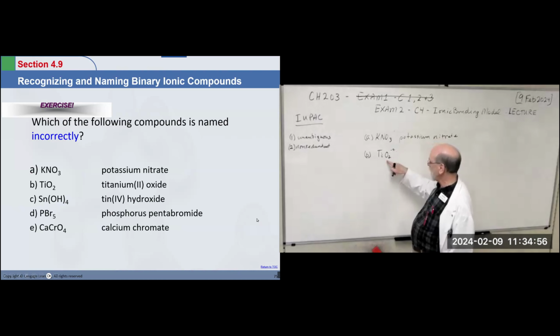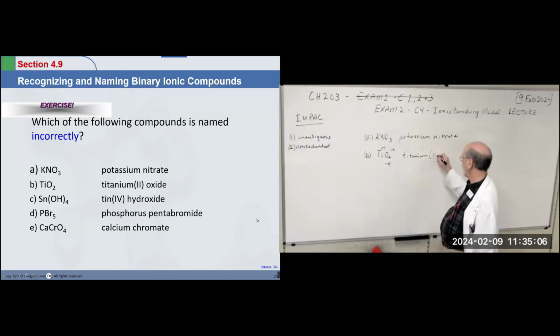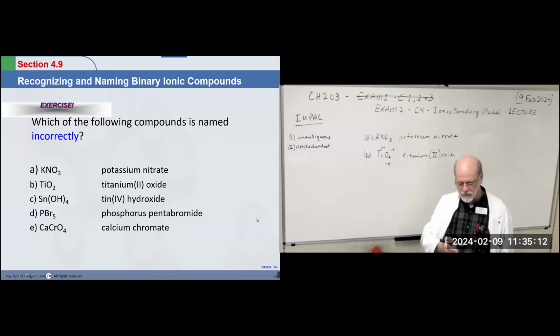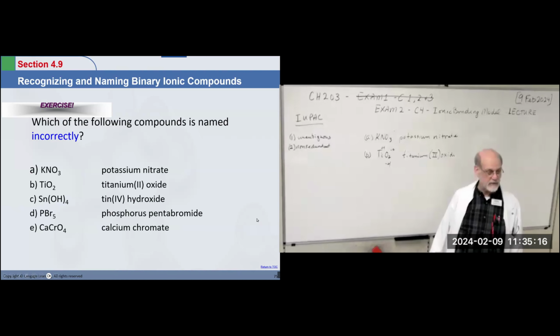Right, so -2 for oxygen, that means -4 total, right? So that means this has to be a +4. So we would say titanium 4 oxide. That's wrong. It's not titanium 2, it's titanium 4.